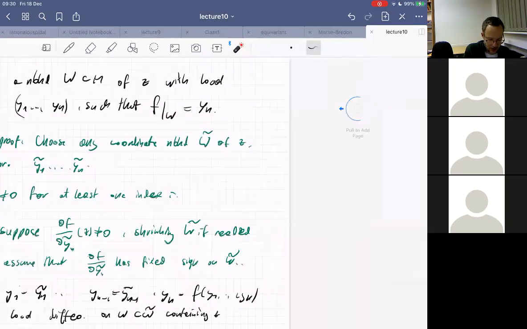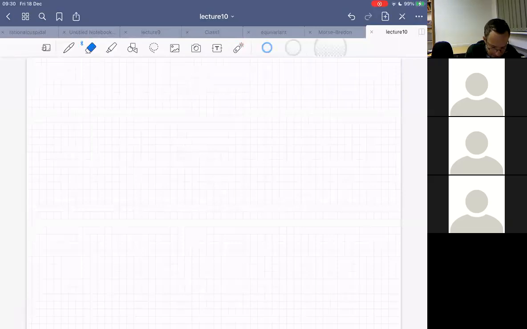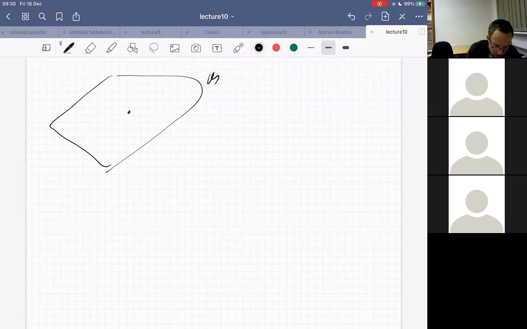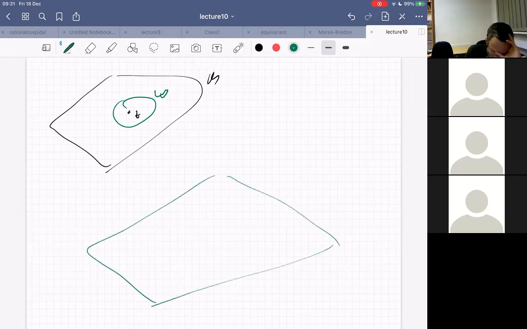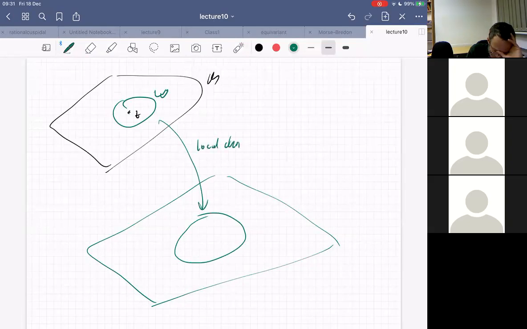And now what is this? I am on M, I have z, I have W. So over here I have a map over a local chart with coordinates y1, ..., yn.